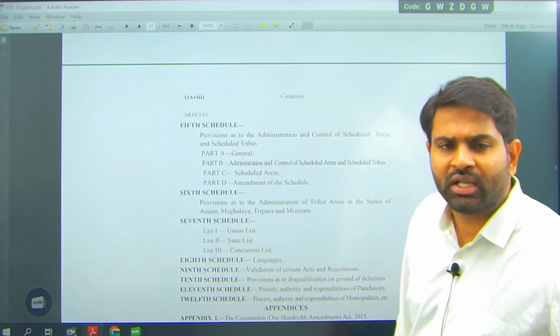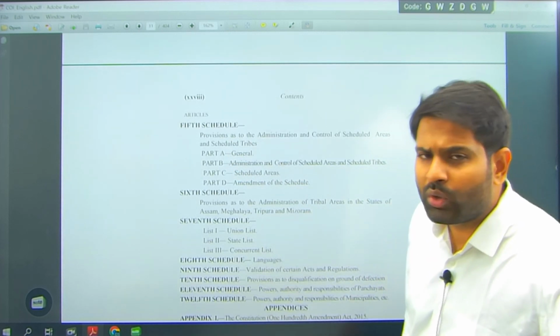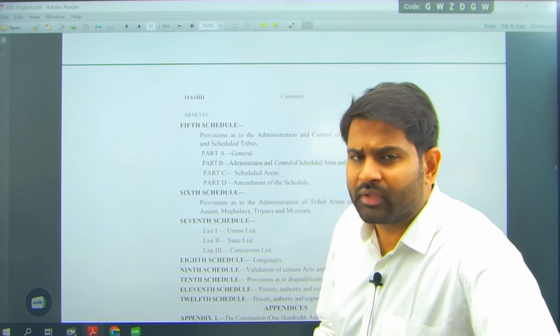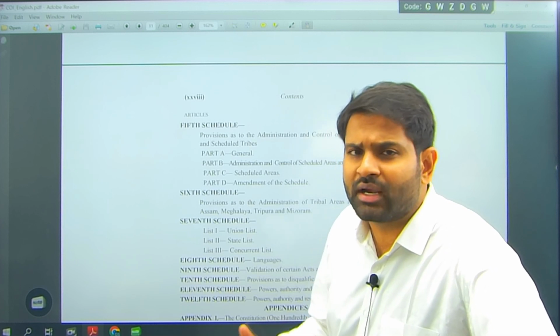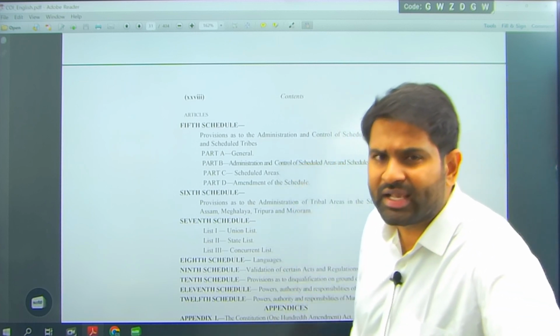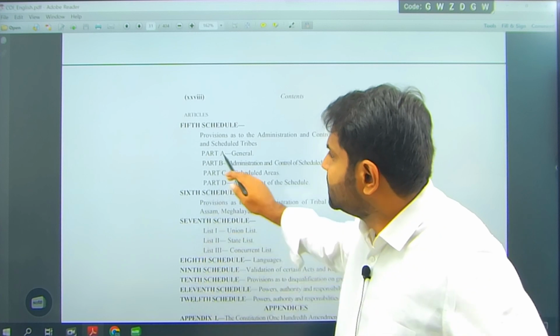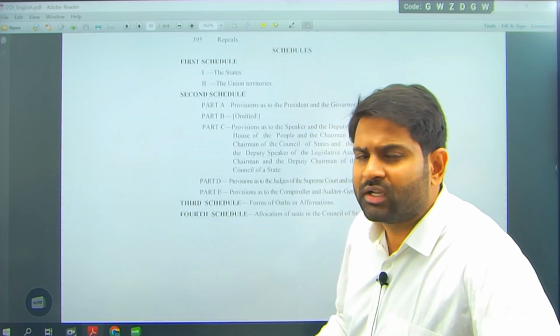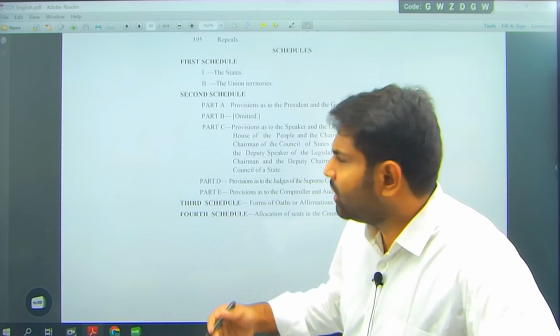We have scheduled areas and tribal areas all over the country, not only in the Northeast, not only in Assam, Tripura, Meghalaya and Mizoram, right? All those areas are administered according to the 5th schedule, except ATM square, which is administered under the 6th schedule, because they have a different kind of administration setup. They have tribal advisory councils, all this, right?